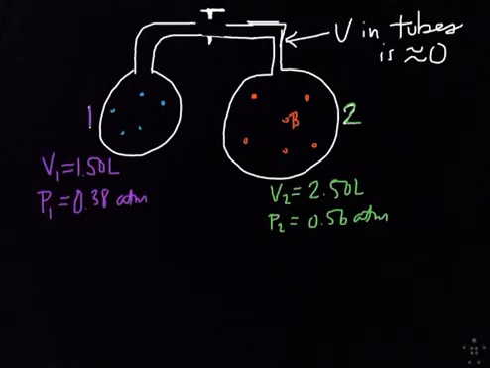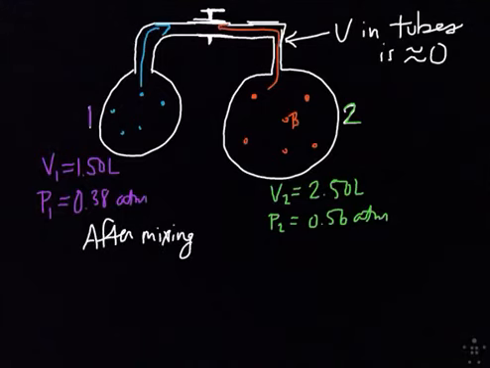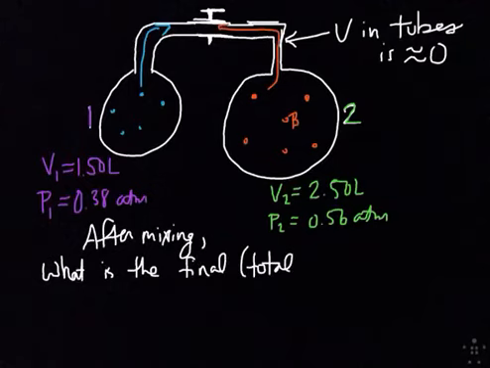And the question is, when we go ahead and we remove the stopper, we're going to leave the tube connected, but we remove the stopper now so the molecules can mix. So the A's can move and the B's can move. And the question is, after mixing, what is the final total pressure, and what's PA and PB at the end?